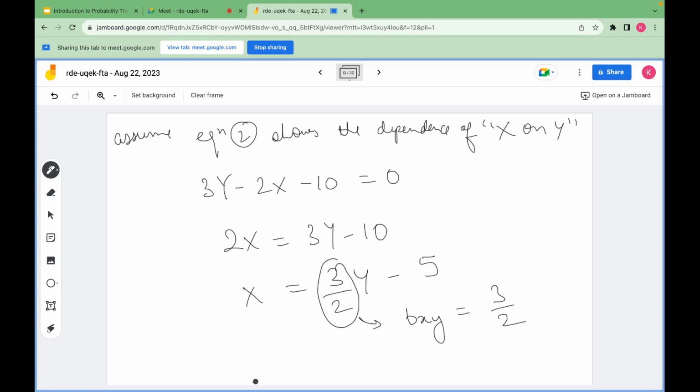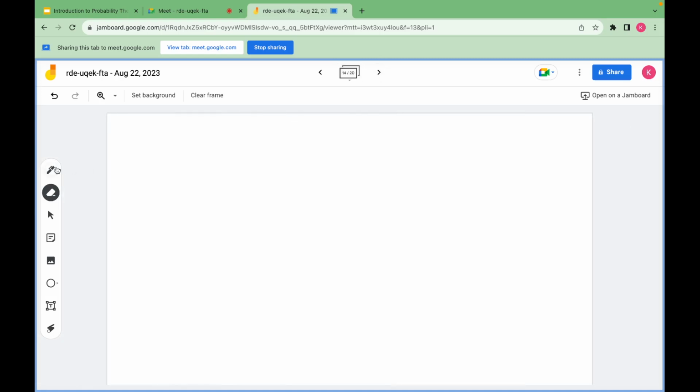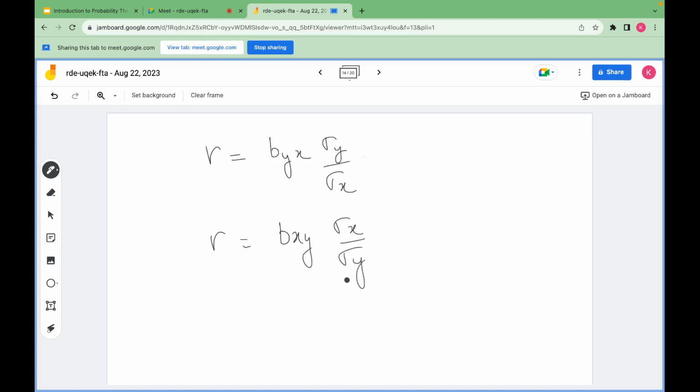Okay, now we know this r is equal to, I will write it on next page. We know this r is equal to byx sigma y by sigma x, and this is also equal to bxy sigma x by sigma y.